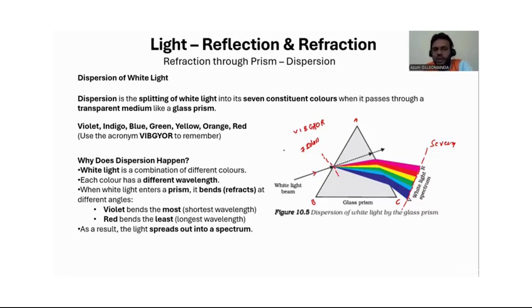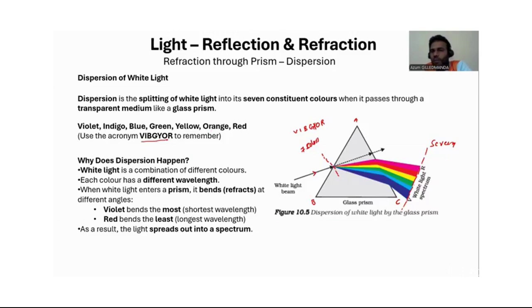So that's how our great physicist Newton concluded that the white beam of light, the sunlight or the natural light, is a combination of 7 colors, that is VIBGYOR: violet, indigo, blue, green, yellow, orange, and red. So what is dispersion?